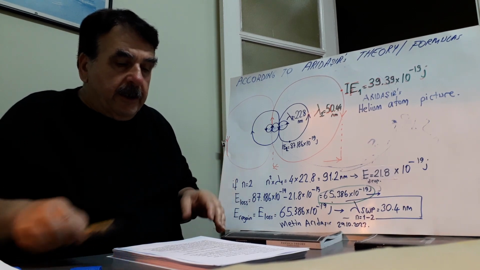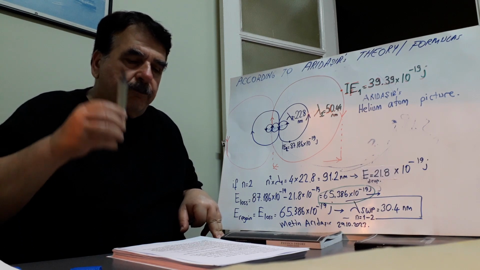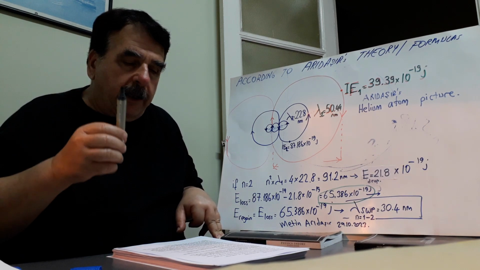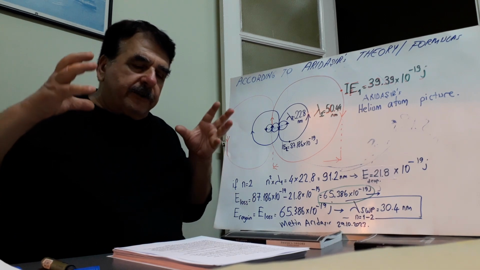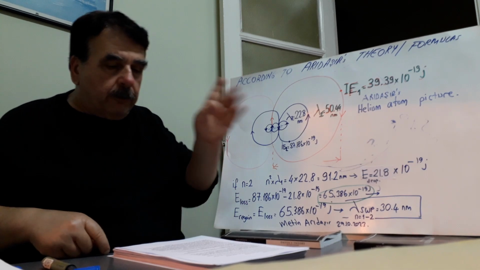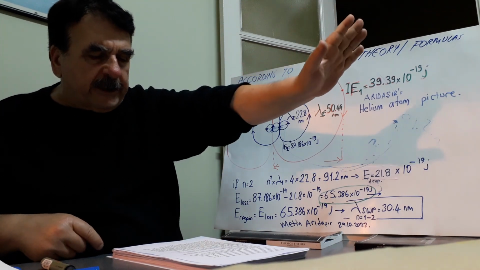What energy? 65.398 times 10 to the minus 19 joules, which expands at the speed of light.